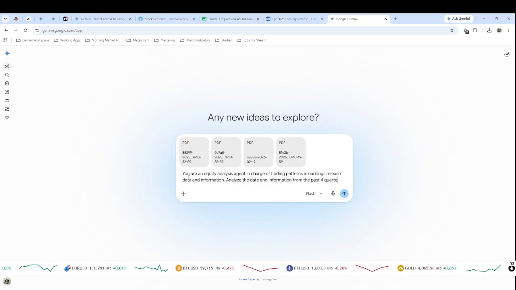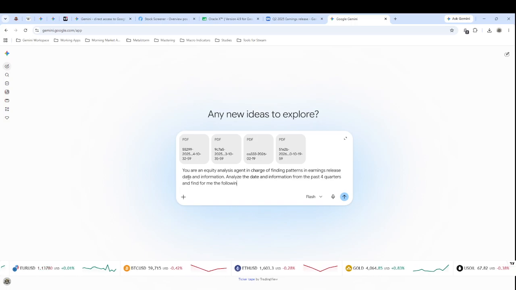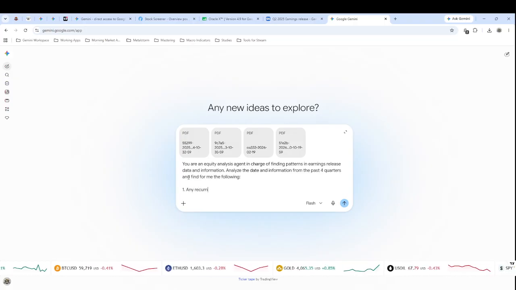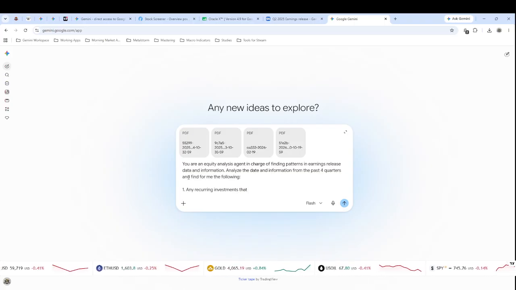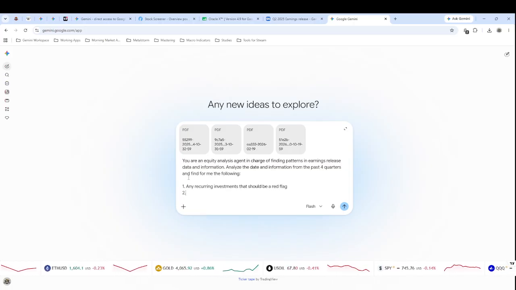All right. Analyze the data for the four quarters. Find for me the following. Number one, any recurring investments that should be red flags.